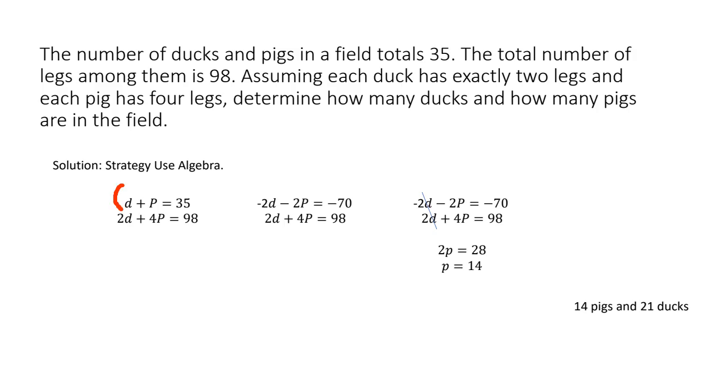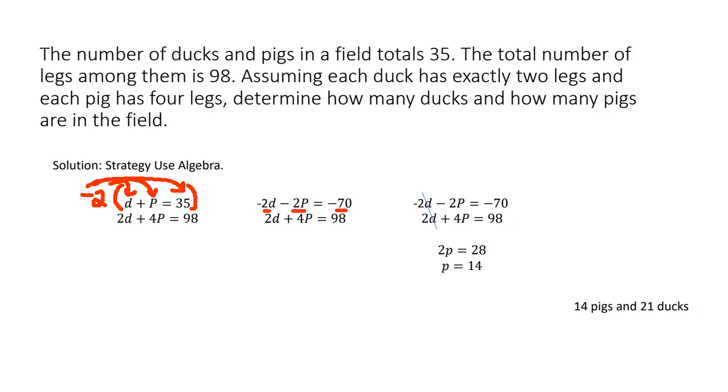this first equation by -2. So -2 times D is -2D, -2 times P is -2P, and -2 times 35 is -70. Okay, why did I want to multiply by -2?